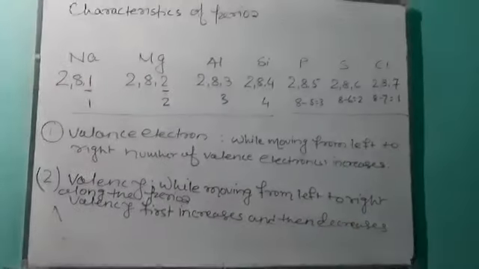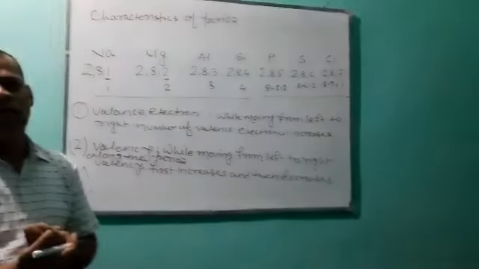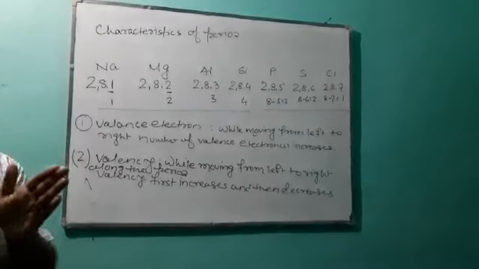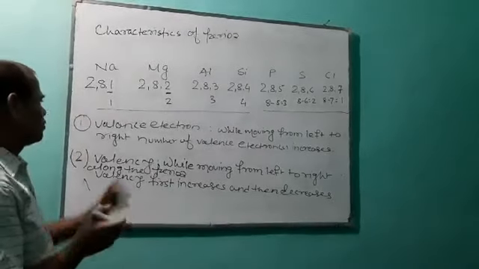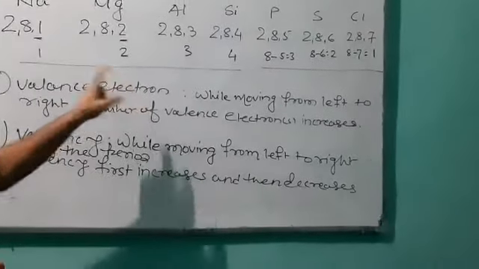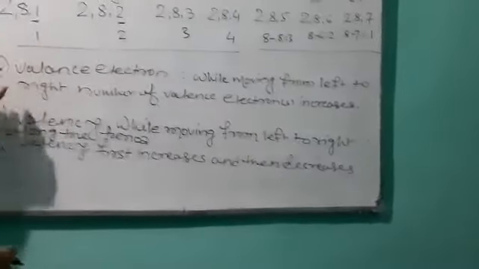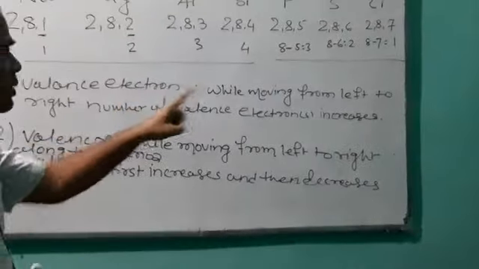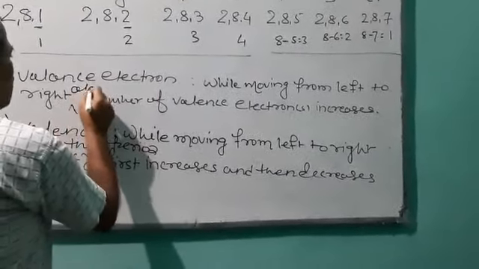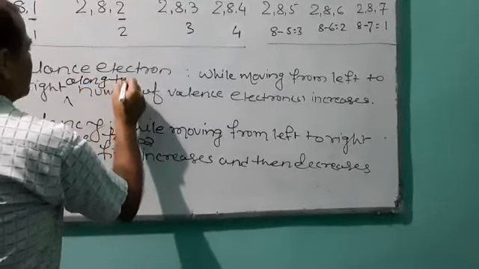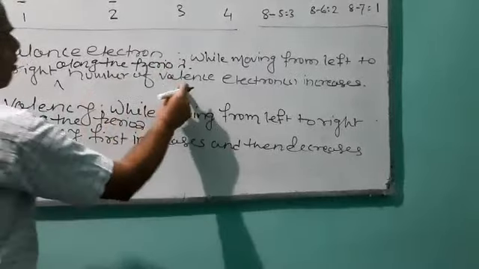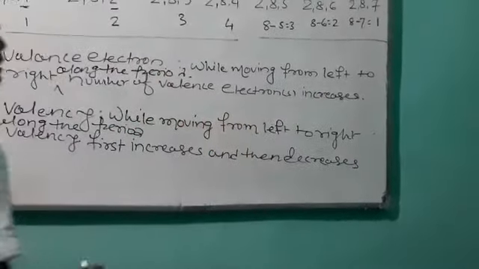So this is called the gradation along the periods, or the characteristics of period. So first is what? Valence electron. First characteristic, valence electron: while moving from left to right along the period, the number of valence electrons increases.